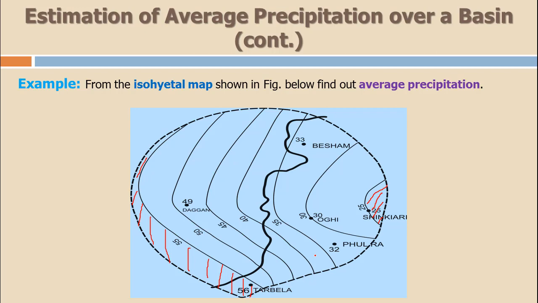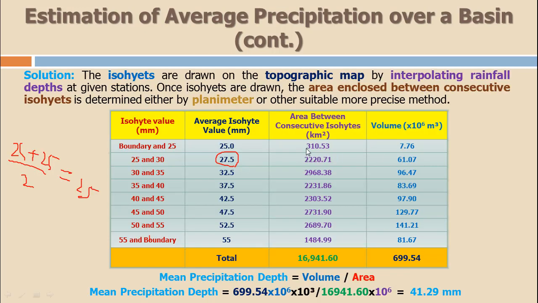Okay, so the first area is 310.53 square kilometer, and the last is 1484.99 square kilometer.